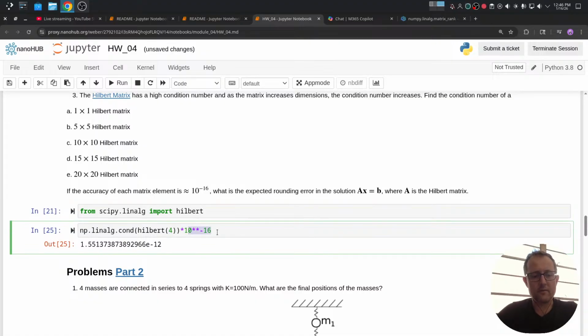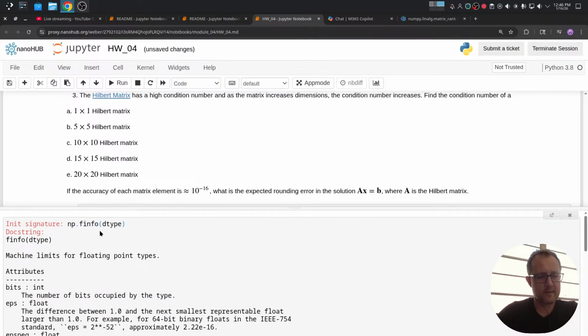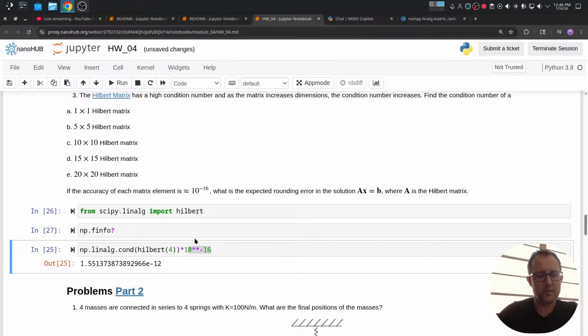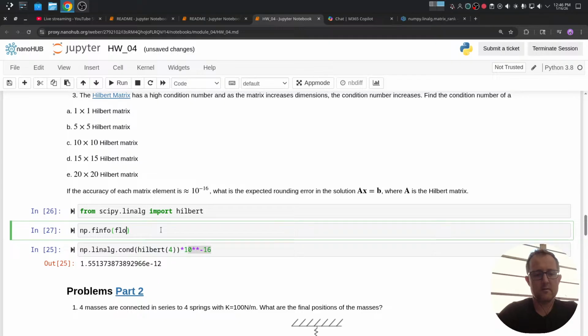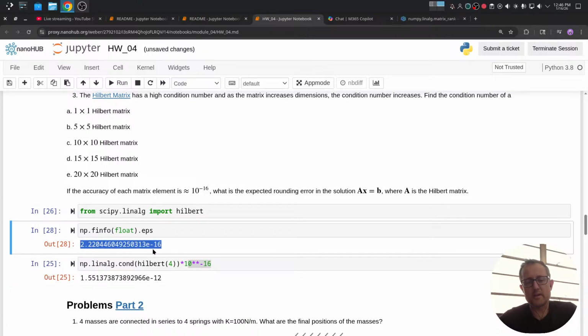If you want to get a little closer, we could use np.finfo of float .eps. There we go. If we're doing any math, this is the smallest number that we can expect to be accurate.